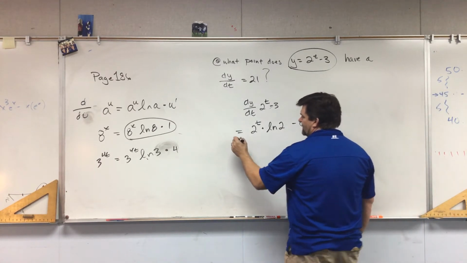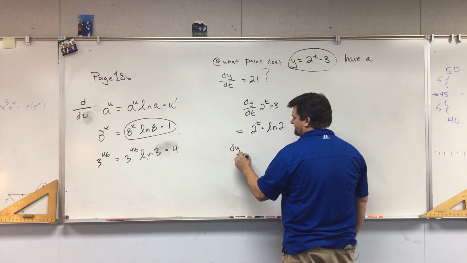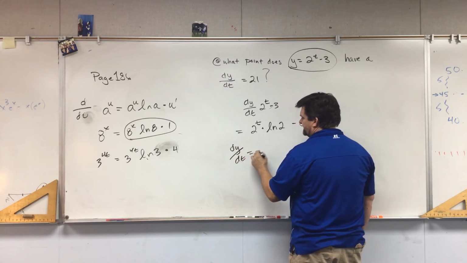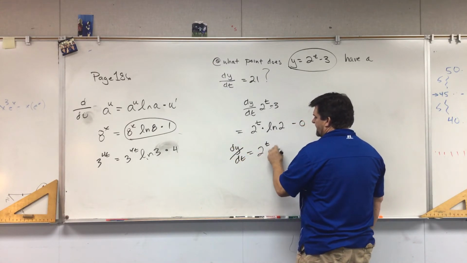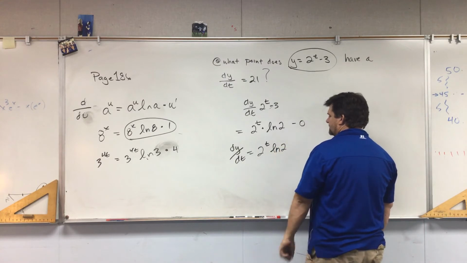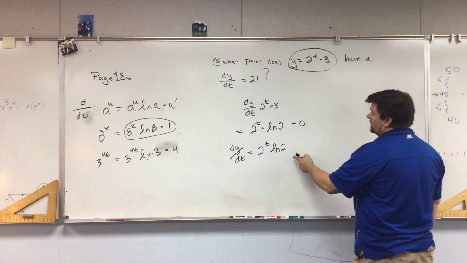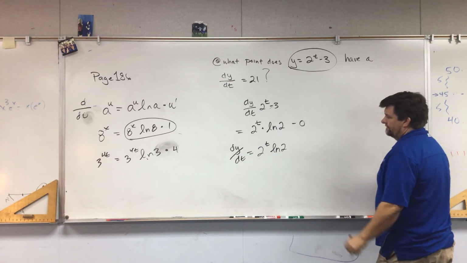So my dy/dt is equal to 2 to the t natural log of 2. And then that's going to equal 21.